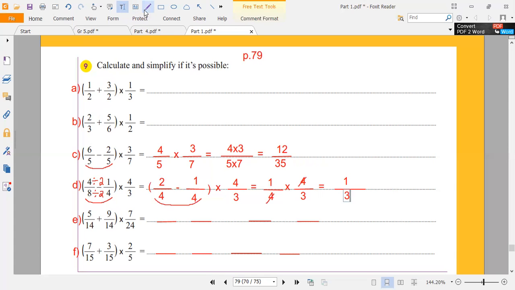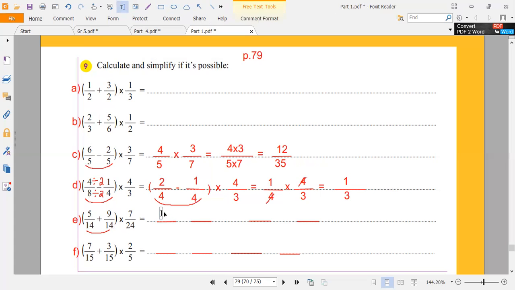Now the next one, we have to do the parentheses first because it is stronger than multiplication. These two fractions have the same denominator, so we can add them directly.